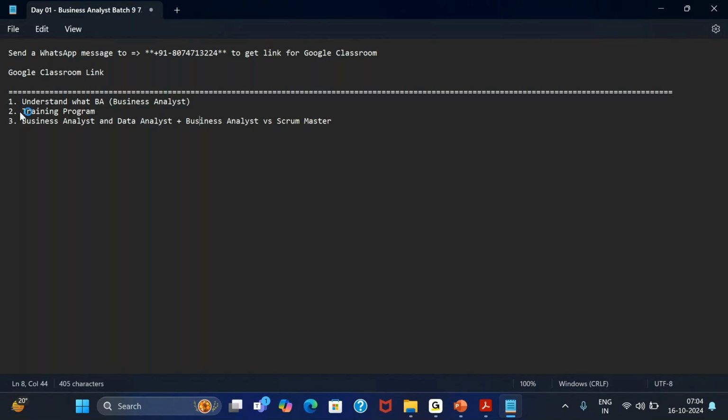And at the last, we have one more topic, that is the impact of AI. Nowadays everything is revolving around artificial intelligence, so how artificial intelligence can put an impact on the role of business analyst.